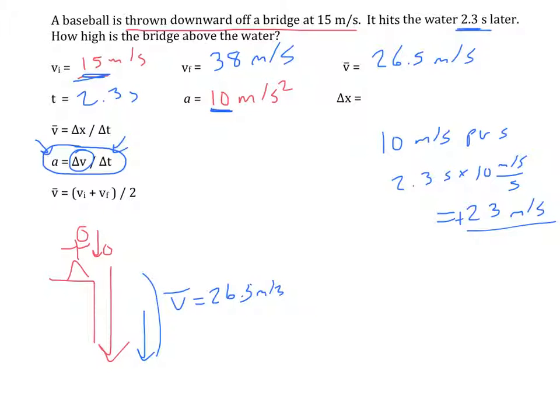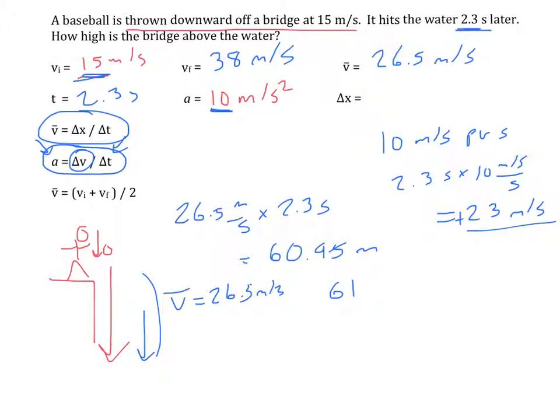So I can basically use this equation if I like and say, all right, well, it is going 26.5 meters per second for 2.3 seconds. How far is that? If I multiply these out, I get 60.95 meters, which I'll probably round to 61 meters if we consider significant figures. So it falls 61 meters in 2.3 seconds.